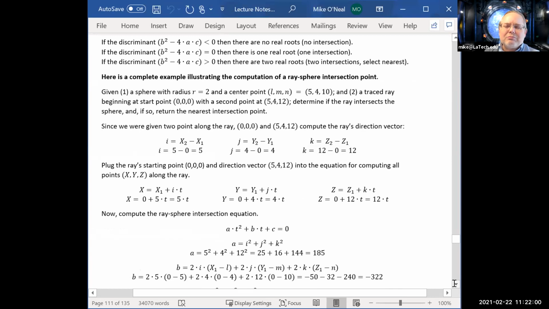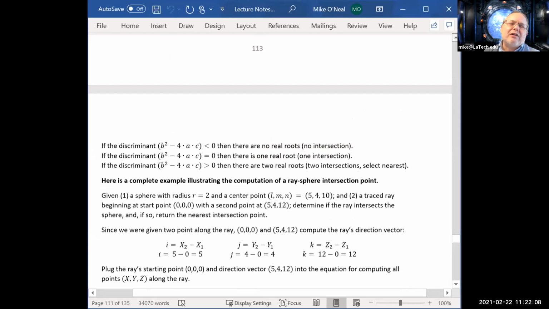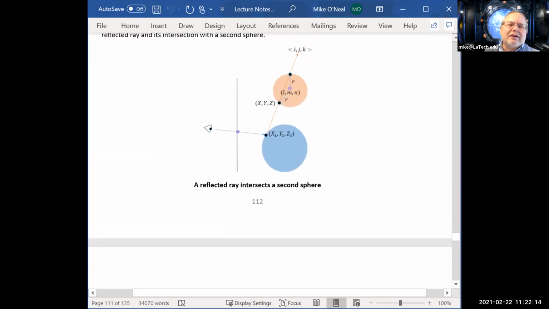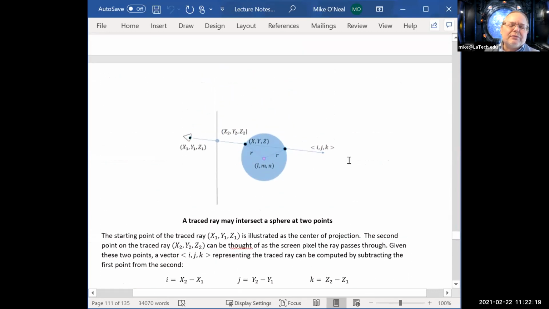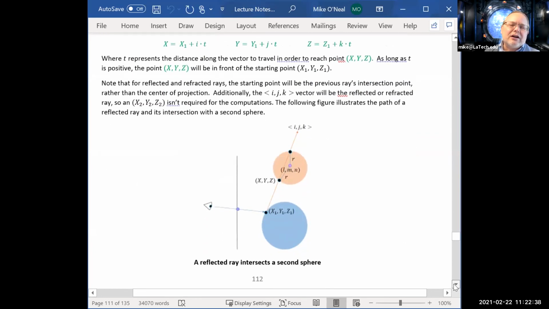The math all works out, but I'm probably at some point going to replace this example. What I plan to do is build another version of this figure here, but with the actual numbers that are in that example, so that you'll have numbers to go along with the equations that I grind through.